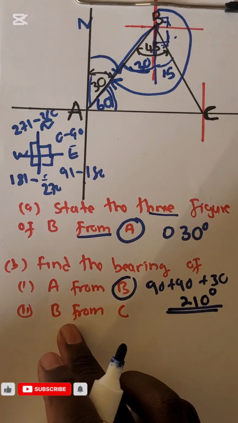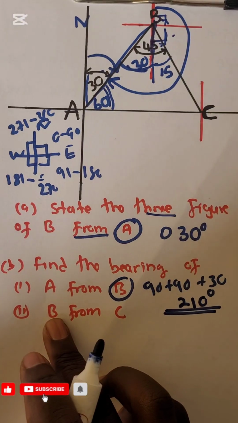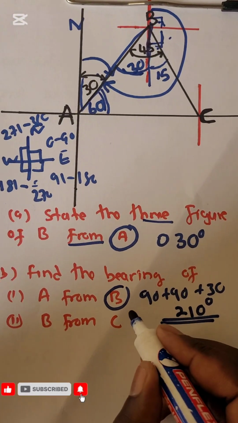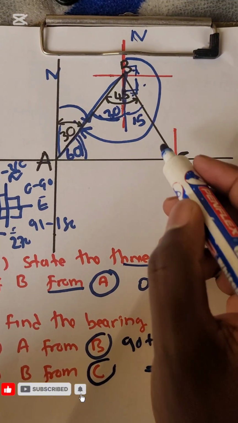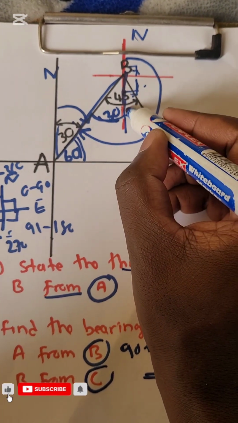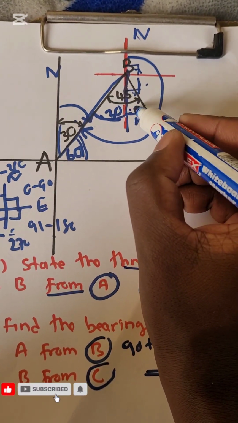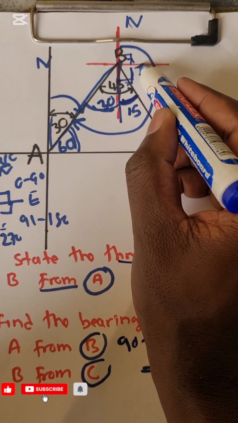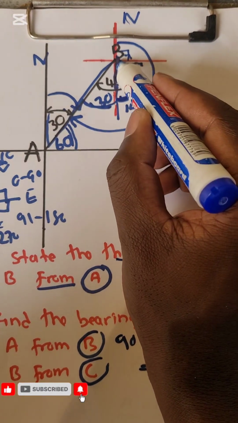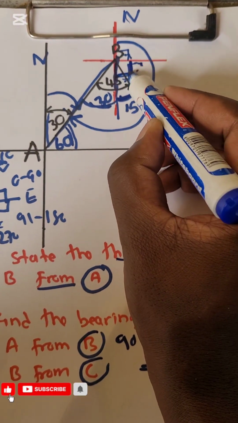Okay, so now let's look at the bearing of B from C. The most important word is the word from. So I'm moving from C. Okay, so this part is 15, from this point to this point, and this whole part here is 90 degrees.